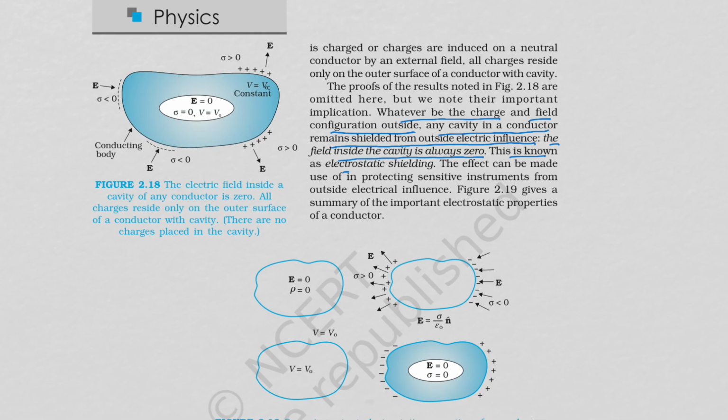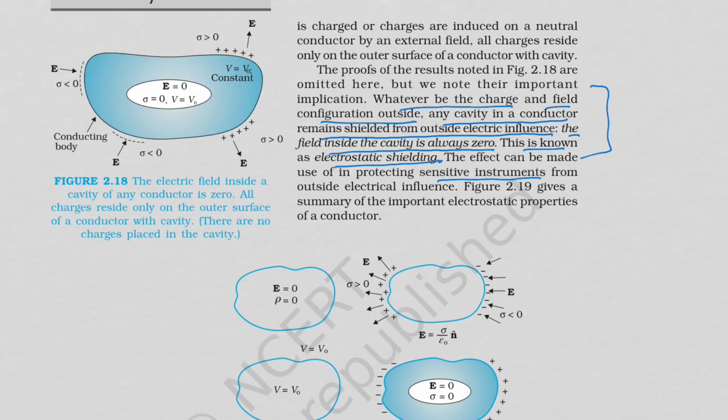This is known as electrostatic shielding, and it is used to keep sensitive instruments safe in electrical supplies or in an electrical network. So this concept can be used very effectively in protecting sensitive instruments.